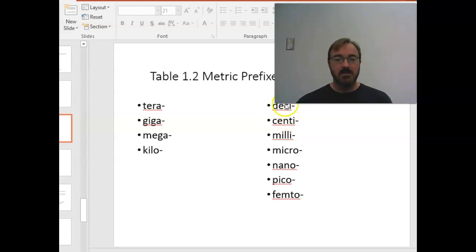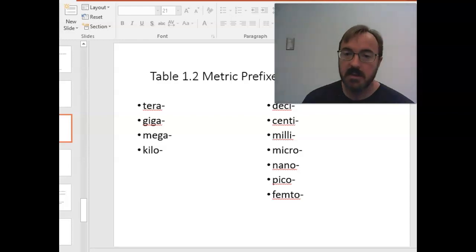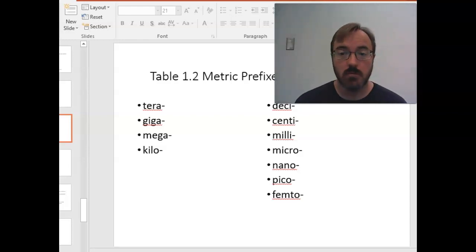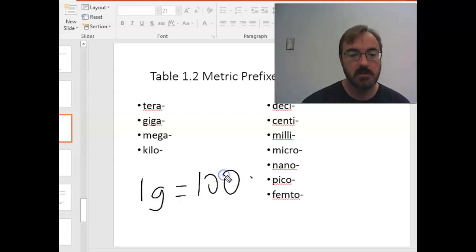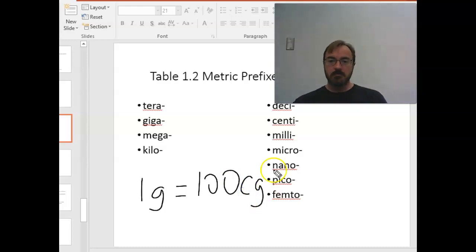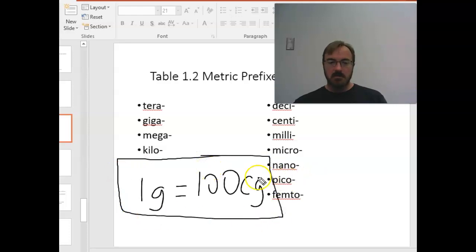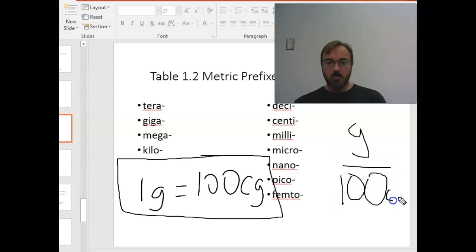And then you need to know how to do conversions between centigrams and grams. The way that we normally do that is by setting it up as an equivalence. We're going to talk about this more when we talk about dimensional analysis, but say you're talking about a centigram, you say 1 gram is equal to 100 centigrams. Okay. This then determines an equivalence that you can use. So if I put 1 gram over 100 centigrams, then that just equals 1.